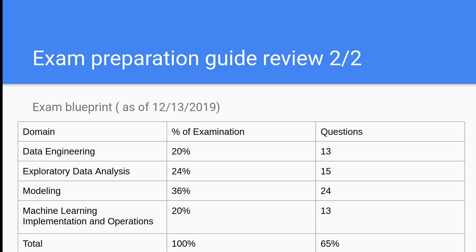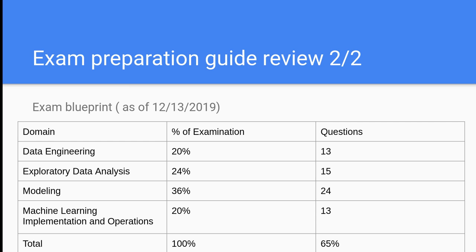So let's start with the exam blueprint as of December 13, 2019. So there are four major domains covered in this exam. The first one is data engineering. Second one, exploratory data analysis, otherwise known as EDA.